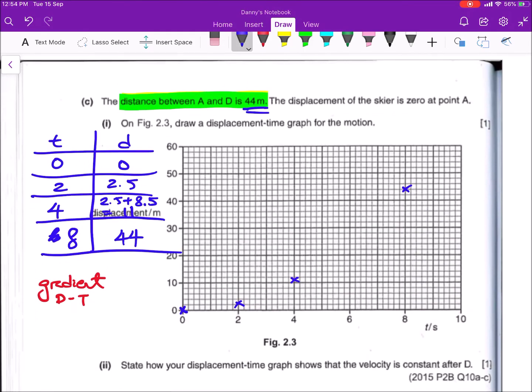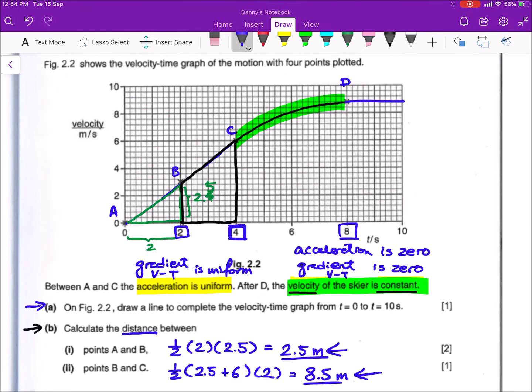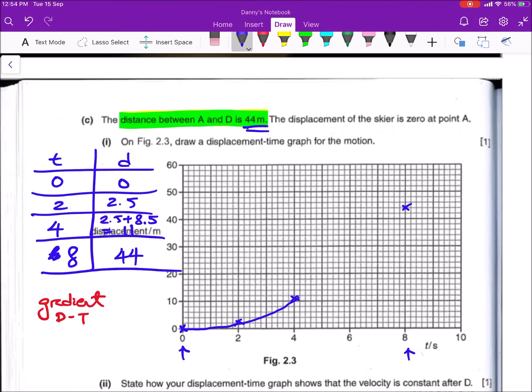So because of that, you would expect this entire graph from A to D to be a curve, right? So it will be a curve all the way here, from where to where? After D, velocity becomes constant. Okay, you see, I missed it.